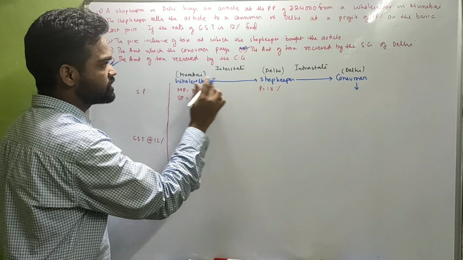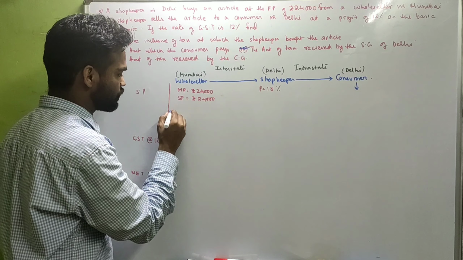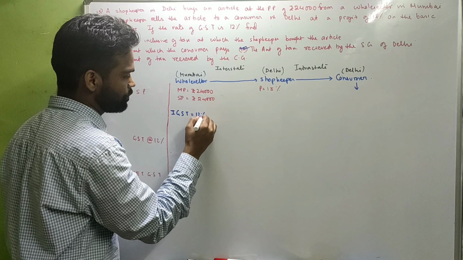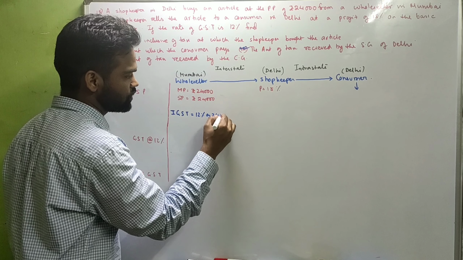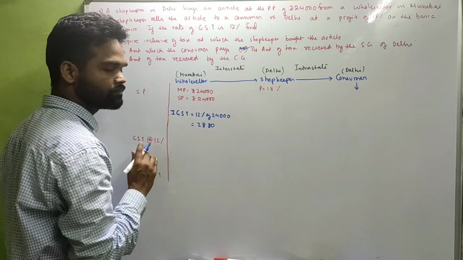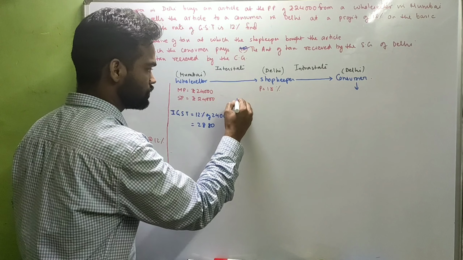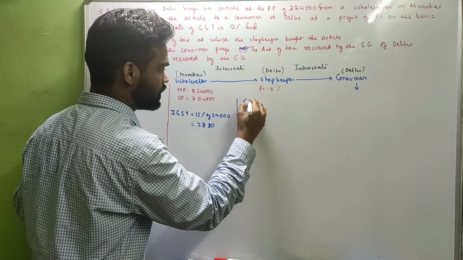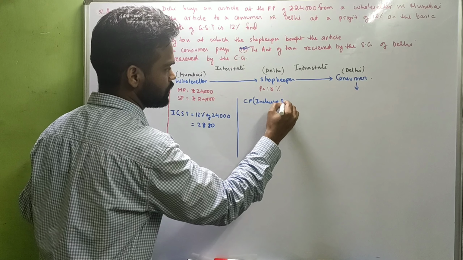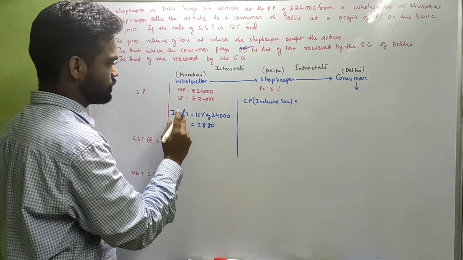First of all, this is an interstate sale, which means we'll calculate IGST, which goes to the central government, which is 12% of 24,000, which is 2,880. Done. So cost price inclusive of tax will be how much?